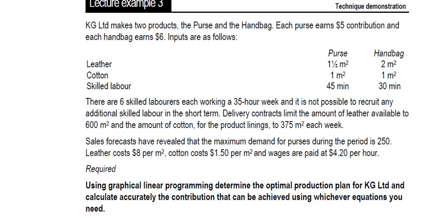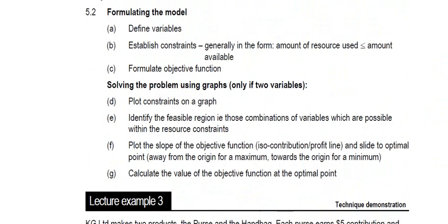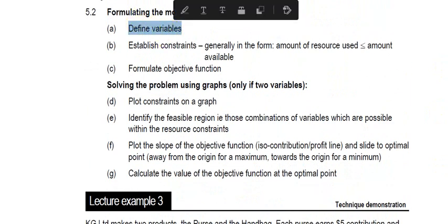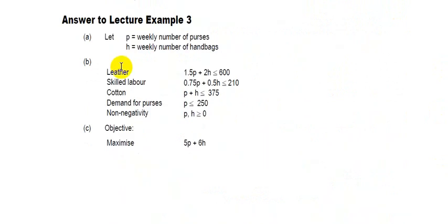So we've said the first thing we do is to define the variables. Our variables are the purse and the handbags. So for the purse, we are going to use P. So say let P equals the weekly number of purses.